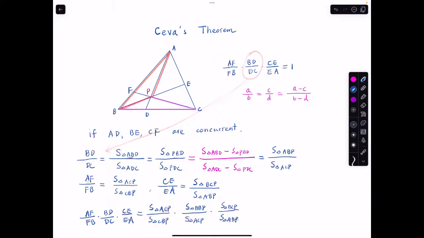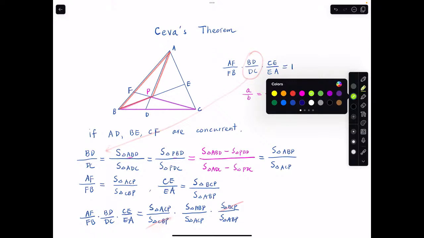Now notice that things would cancel. So look here, we have CBP and BCP, which is the same thing, so they cancel. And let's change to a different color.